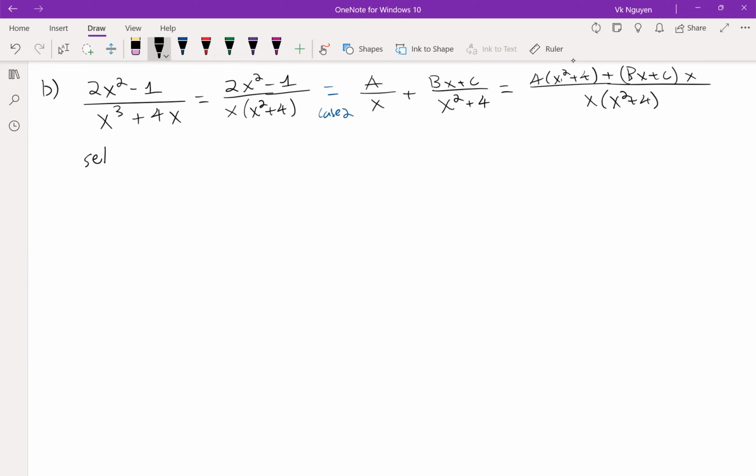Now we set 2x squared minus 1 equal to a times x squared plus 4 plus bx plus c times x. So how do we solve for A, B, C here? We can either set up a system of 3 by 3, or if we don't want to deal with that system, we can let x equal to a number. It is faster to let x equal to some number.